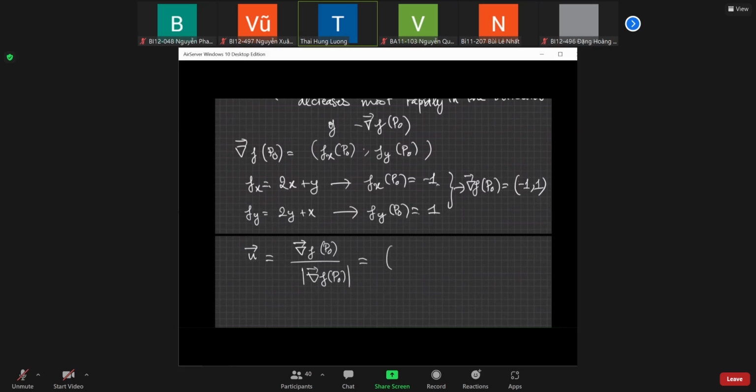So very easy computation. Okay, this one is the answer for the first question. And for the direction of decreasing most rapidly at p0, you should take -u, which is this vector. Okay.